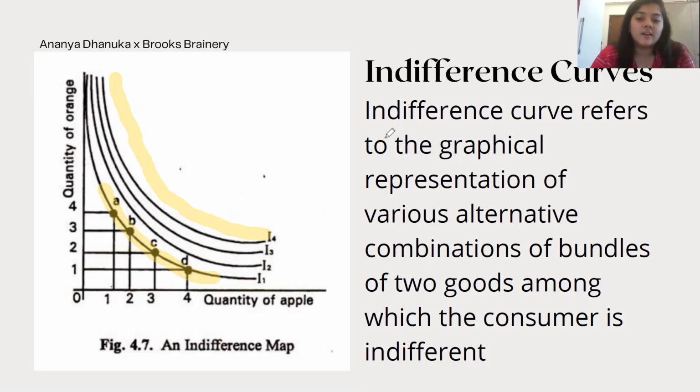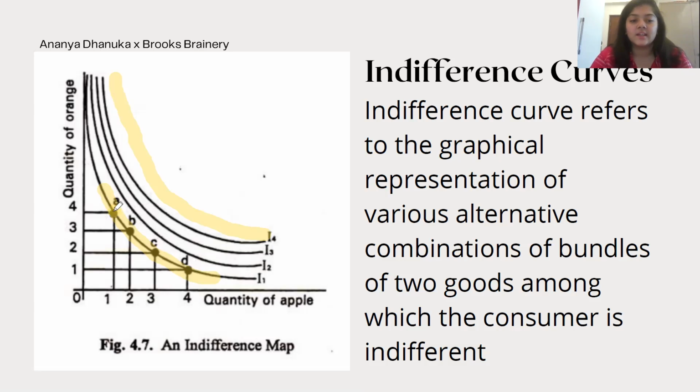The indifference curve is the graphical representation of alternate combinations of bundles where the consumer is indifferent. What does that mean? On this curve, which I think says I1, at every point A, B, C, D, the level of satisfaction that the consumer is getting is equal, which is why the consumer is indifferent amongst them.